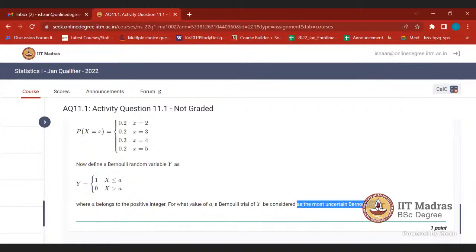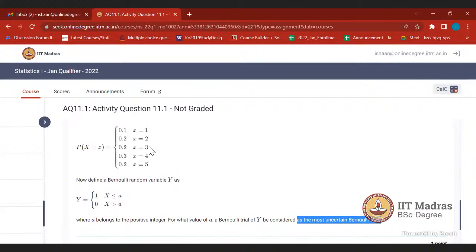The most uncertain means as the variance increases, there is more uncertainty, right? Because variance tells you how much your values are deviating from the mean. So the more it deviates, the more the uncertainty. So you have to find the value of A such that probability Y equal to 1 becomes 0.5, right?